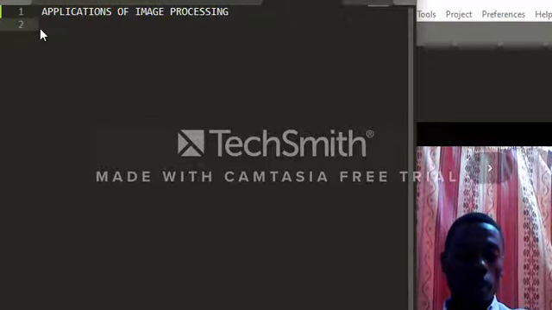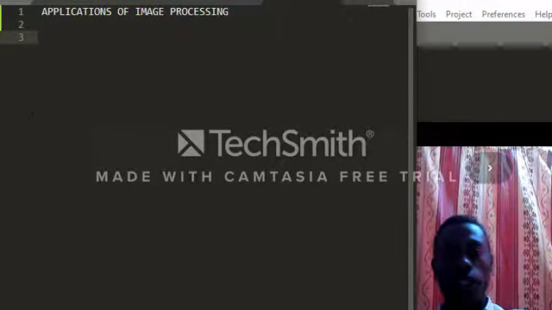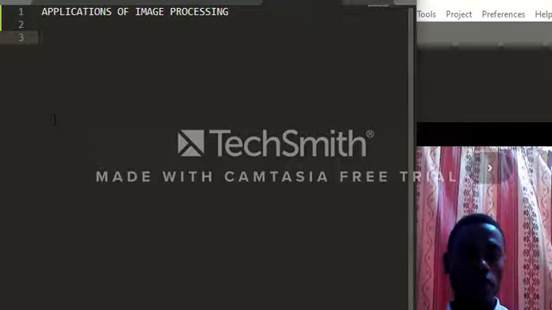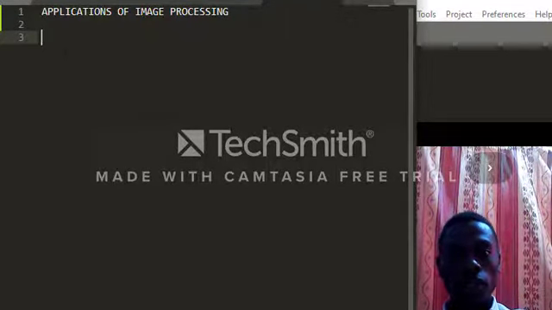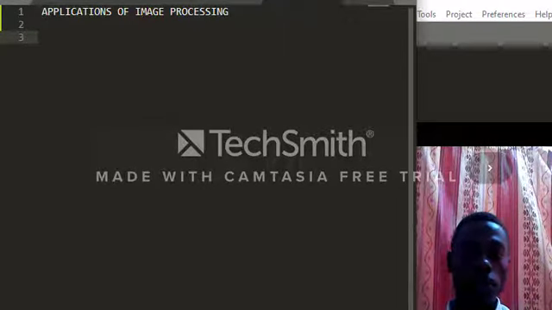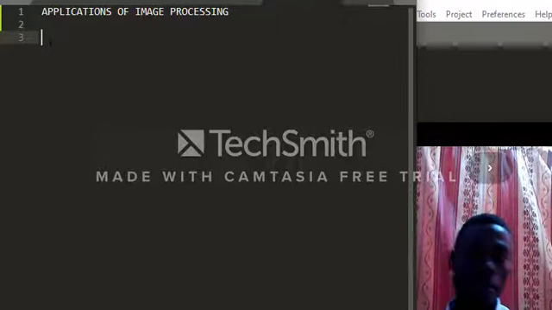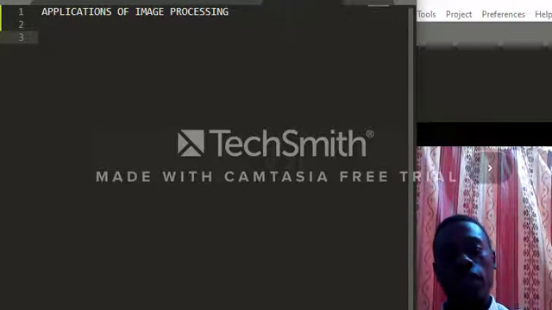So these are the different sectors where image processing can be applied, and in my discussions, like in the previous videos, the sector I decided to work on is agriculture. So we shall start with how image processing can be applied in agriculture. We discussed all this in the previous videos.